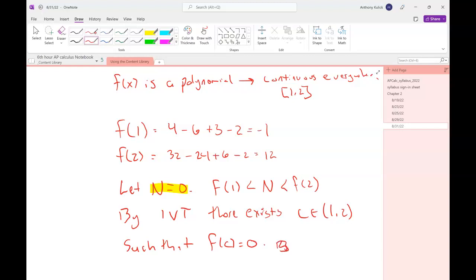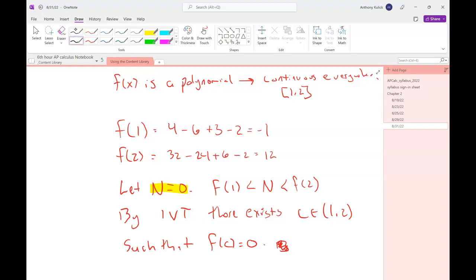So we're done. There's my root. It's called c. Did I find what the value was? No. Did it ask us for the value? No, it just asked us to show existence, that there is one in there.